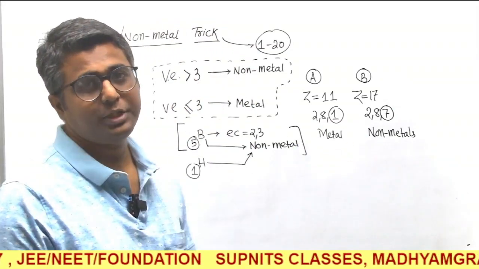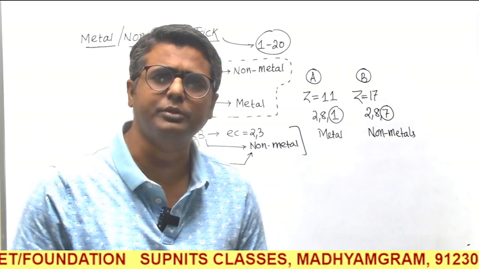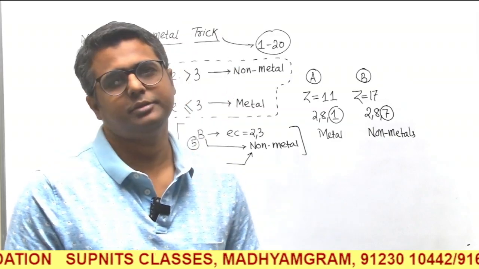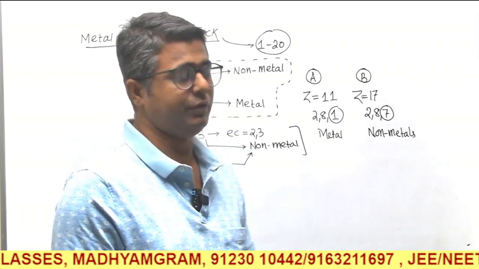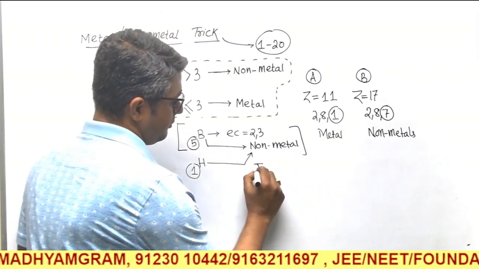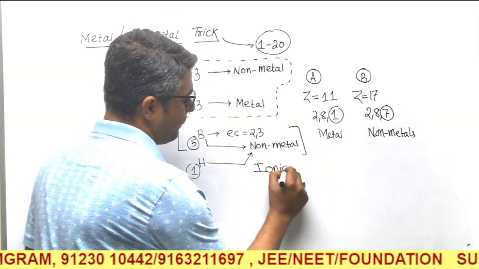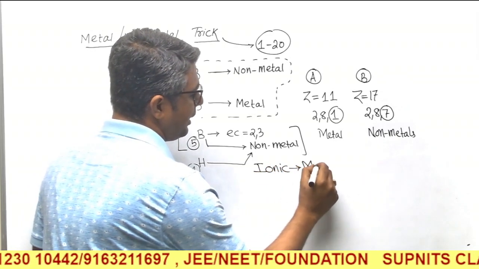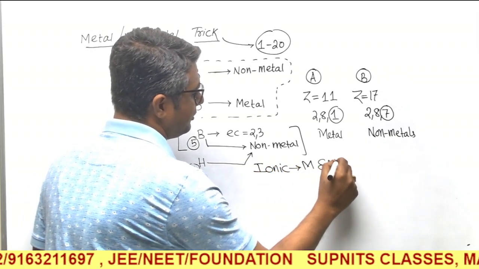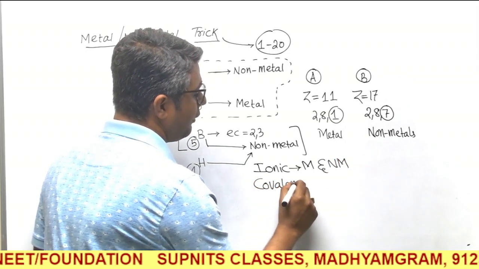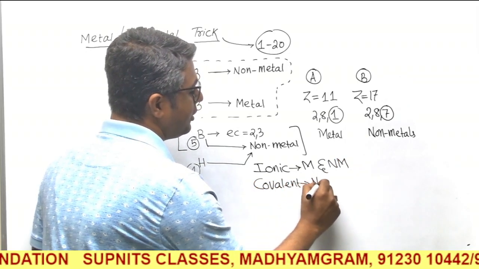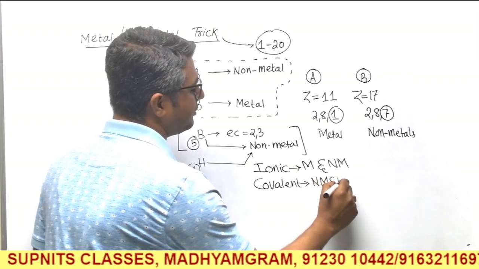Next, the question that comes along with it is whether the bond between A and B is ionic or covalent. Ionic bond happens between metal and non-metal. And what happens with the covalent one? Covalent will only happen when two non-metals combine.